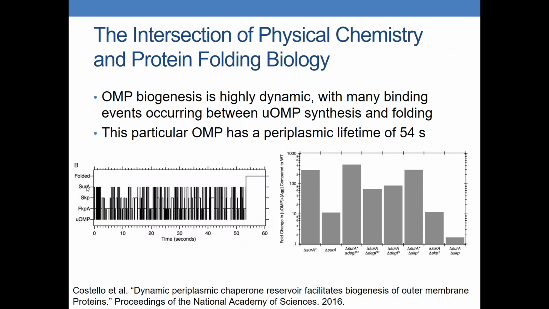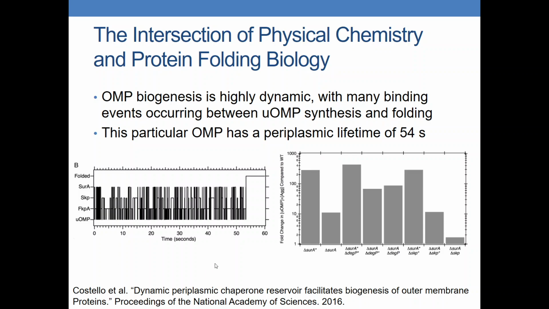Let's, in our simulation, knock it out. Let's remove the contribution from SurA. What you're going to see is that the way this bounces around is probably going to change a little bit. And you can actually use that behavior to calculate the fold change in unfolded outer membrane protein plus aggregate compared to wild type.